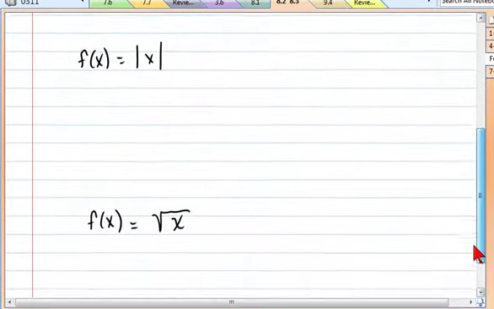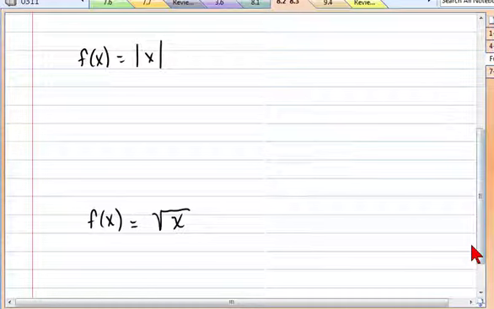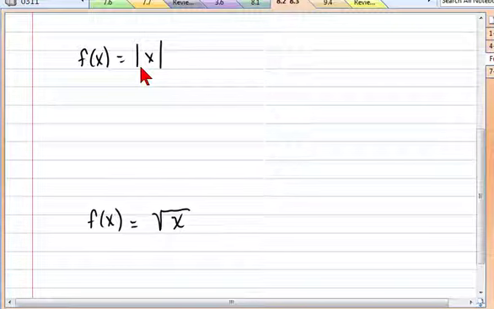Another one that I want you to recognize is f of x equals the absolute value of x. Now, if we had lots of time, I would be building t-charts so that we would actually create these graphs. But we don't have a whole lot of time, so instead I'm asking you to take my word for it. And if you don't believe me, I'll be glad to stay after class and we'll create a t-chart together.